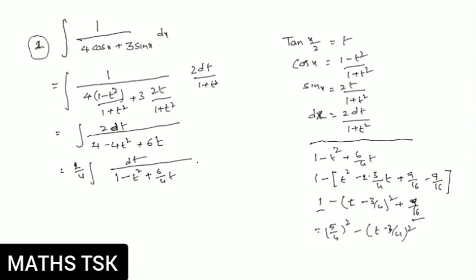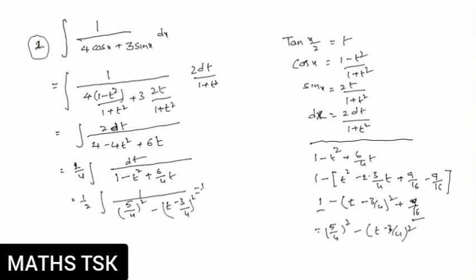So this integration can be written as 1 by 2 into integration of 1 by 5 by 4 whole square minus t minus 3 by 4 whole square.